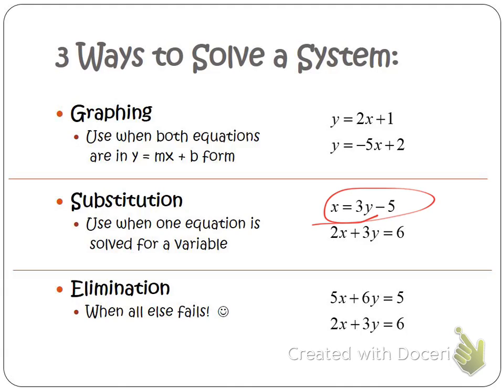I'm going to go ahead and use substitution because all I need to do now is substitute 3y minus 5 in for x and go solve for y. For me, other than that, I'm using elimination. Now, this says use elimination when all else fails. Now, I'm going to use elimination if I possibly can, if it makes any sense.